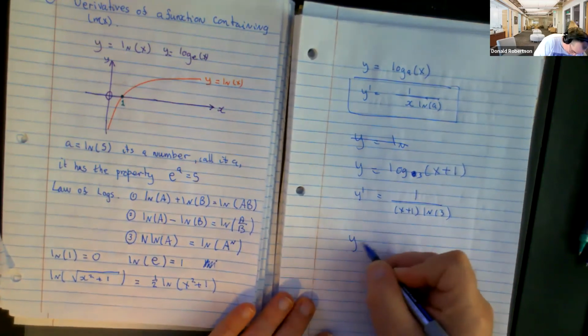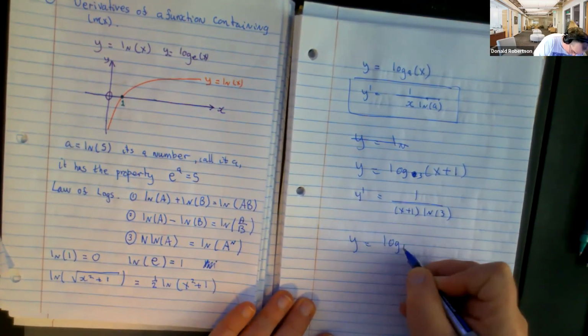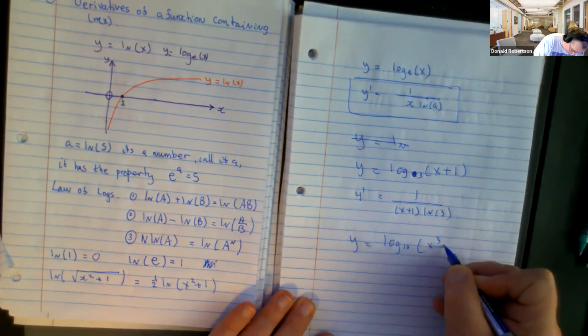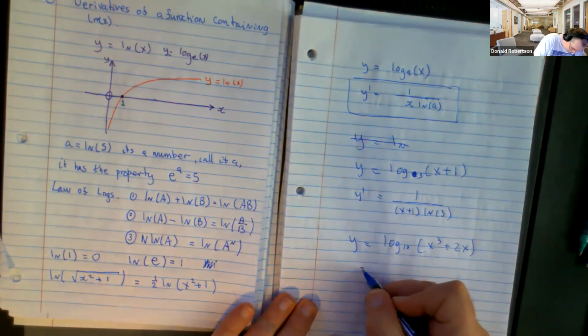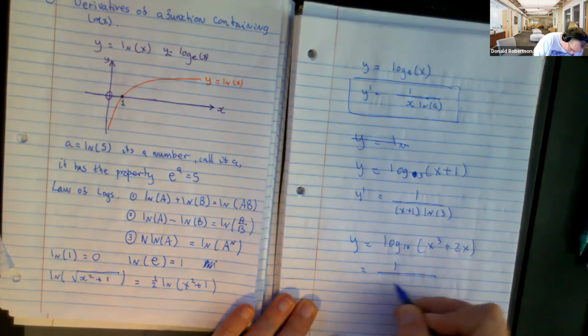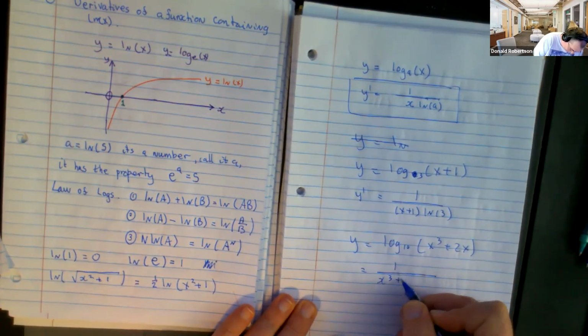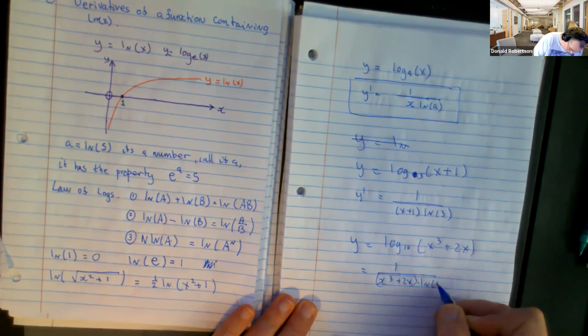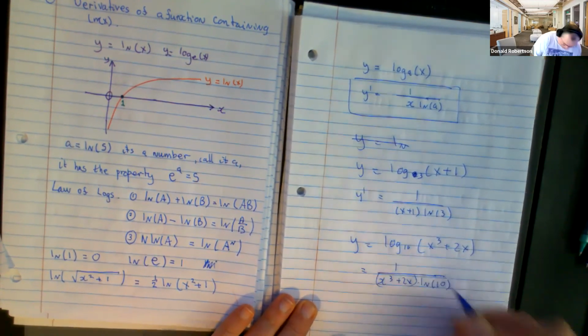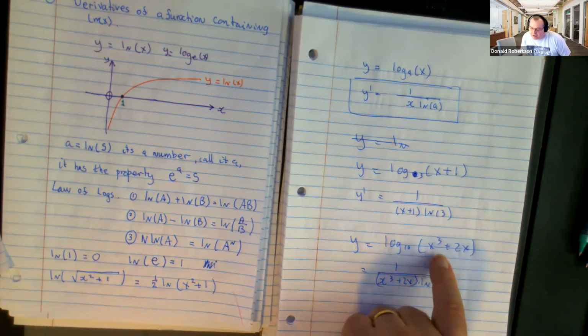If you want to find the log to the base 10 of x cubed plus 2x, you'll get 1 over x cubed plus 2x times the natural log of the base, which is 10. So far, so good. Do you recognize this as a chain rule question?